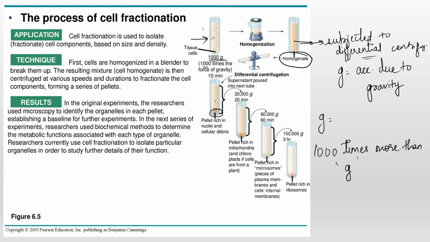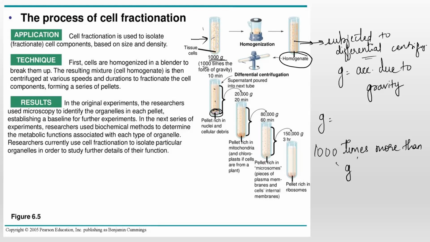After that, if you are interested in the nucleus, you can be happy that you have achieved the isolation of the nucleus. Now you can start working on the nucleus. But if the nucleus is not the organelle you are interested in, and the organelle you are interested in is in the supernatant, you have to subject the supernatant to further centrifugation.